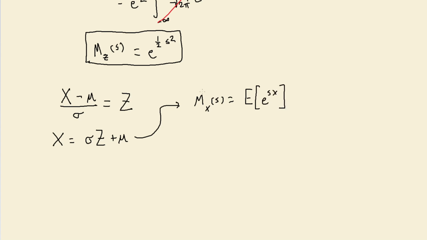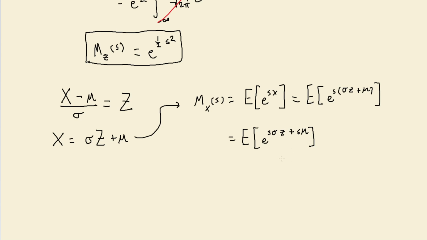But if we plug this expression in for x, this is equal to the expected value of e to the s times (sigma z plus mu). And we can distribute out that s, so this is equal to the expected value of e to the s sigma z plus s mu.